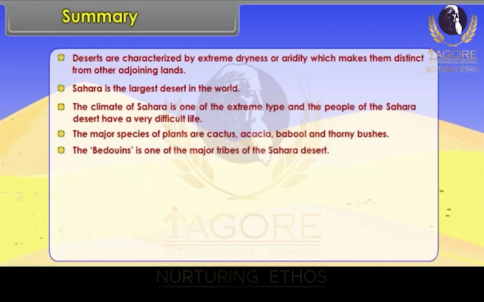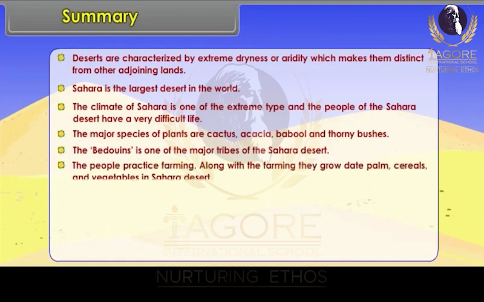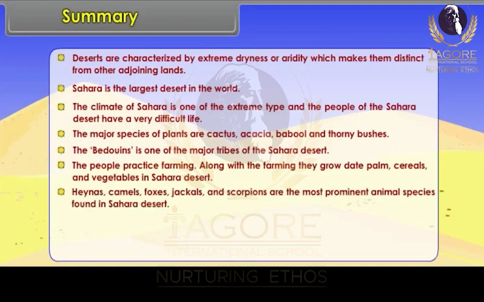The Bedouins are one of the major tribes of the Sahara Desert. The people practice farming, growing date palm, cereals and vegetables. Hyenas, camels, foxes, jackals and scorpions are the most prominent animal species found in Sahara Desert.